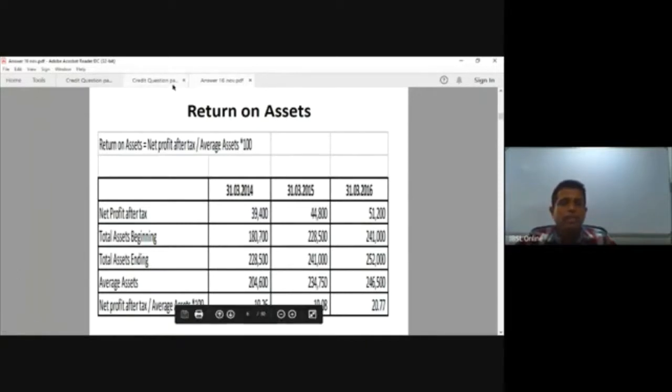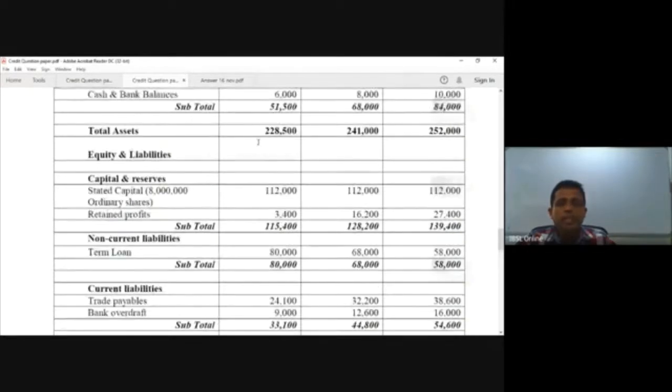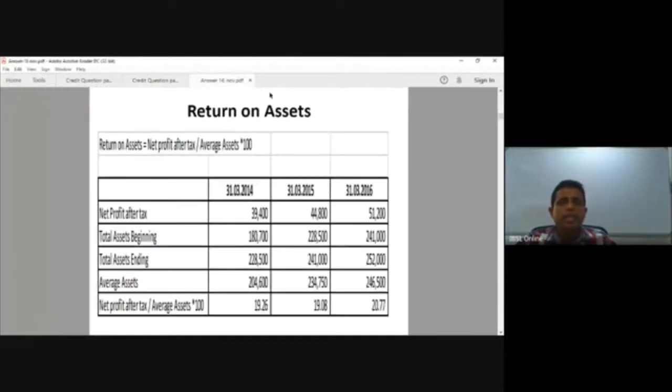For 2014, you have to take the average figure. Since this is one figure from the income statement, another figure from the balance sheet, therefore, the balance sheet figure should be the average one.